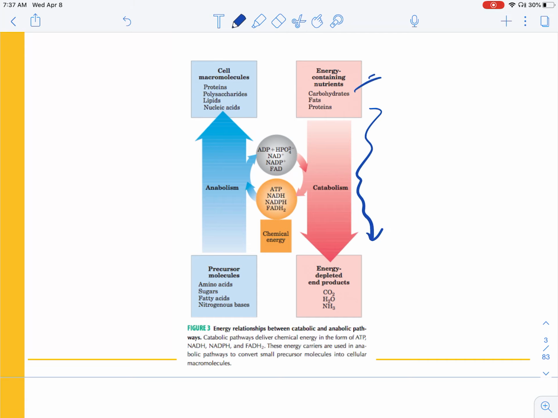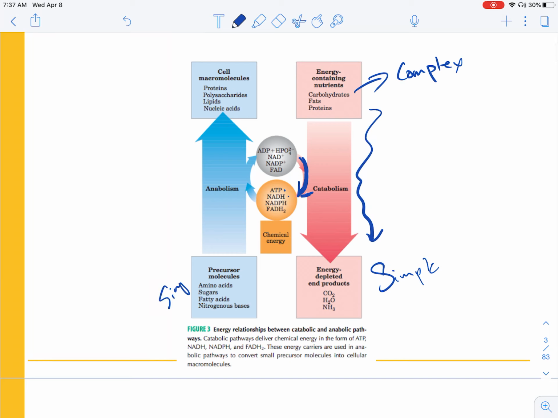In catabolic processes, we are taking something that's complex and making it more simple, and in the process, we're pulling energy out of that, and we capture that energy in the form of ATP or reduced electron carriers like NADH, NADPH, or FADH2. On the flip side, we then use that energy to take things that are simple and make them more complex.